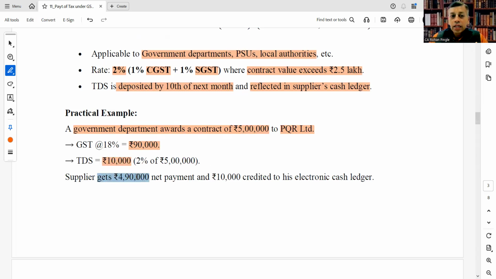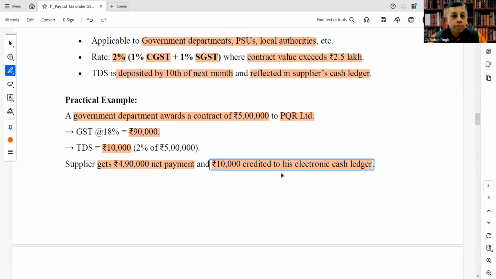The gross payment is 5 lakh minus TDS of 10,000, so the supplier gets a net payment of 4,90,000, and rupees 10,000 is credited to his electronic cash ledger, which can be used for payment of GST.